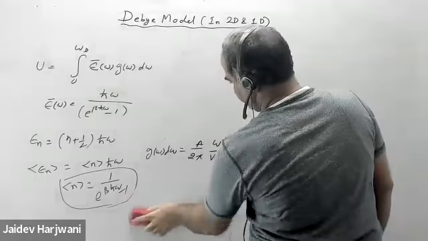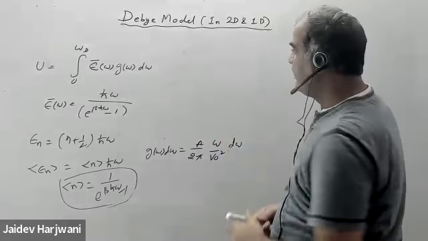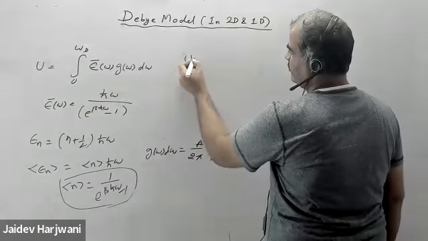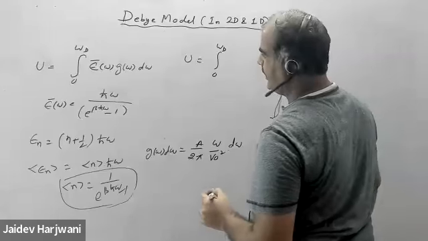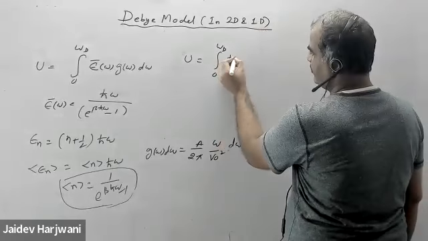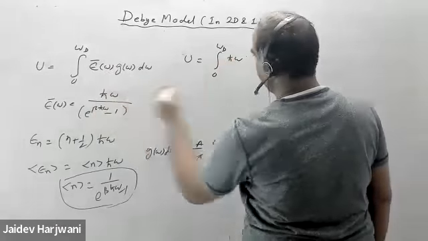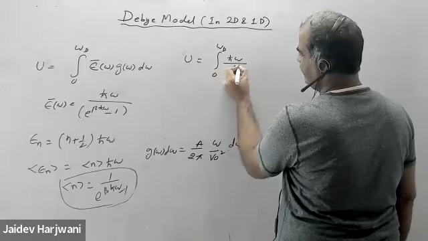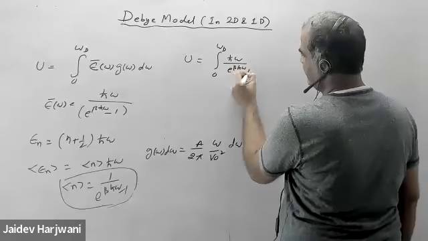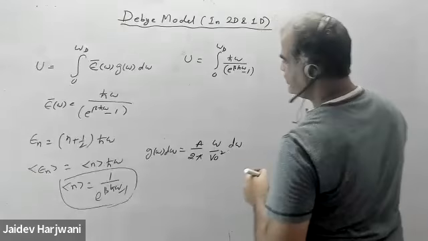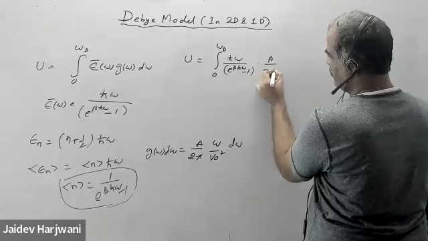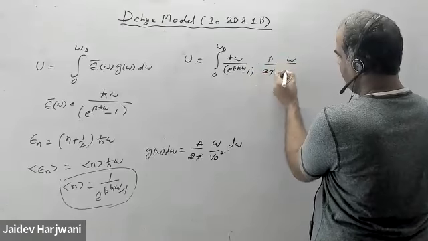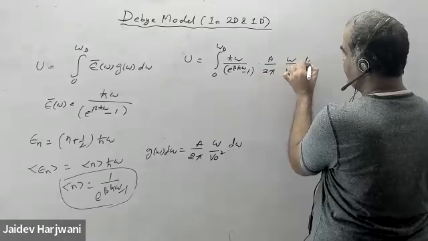Now I have to use this expression again. So my internal energy U will be the integral from 0 to the Debye frequency of ħω/(e^(βħω) − 1) times g(ω), which is A/2π times ω/ω₀² dω.